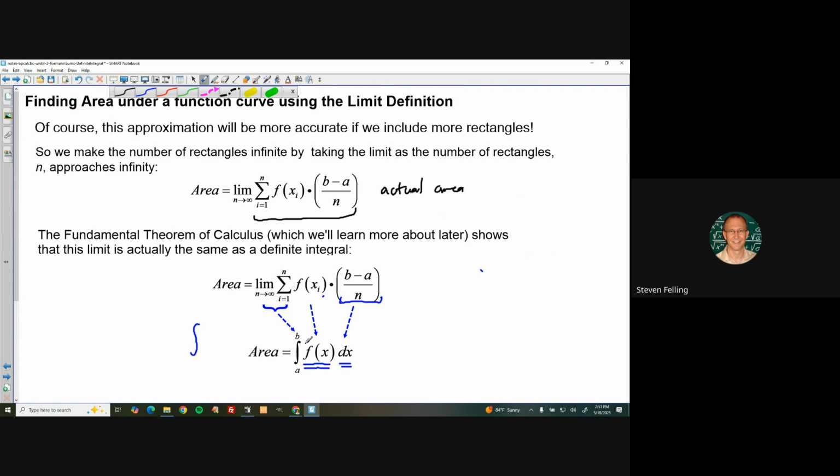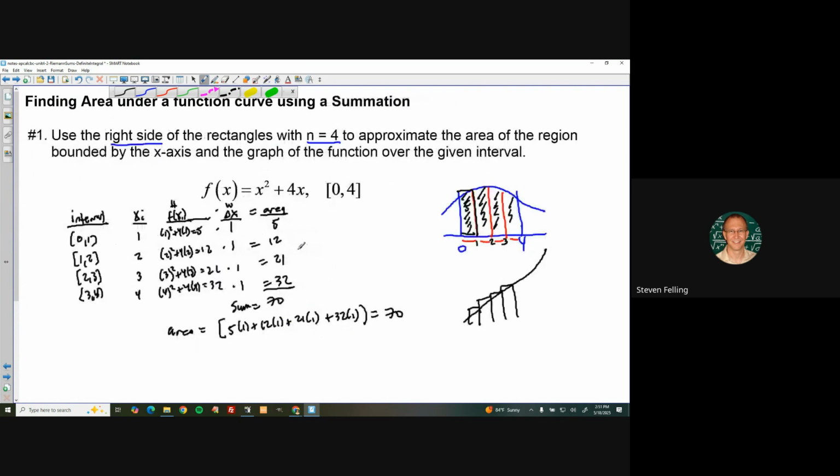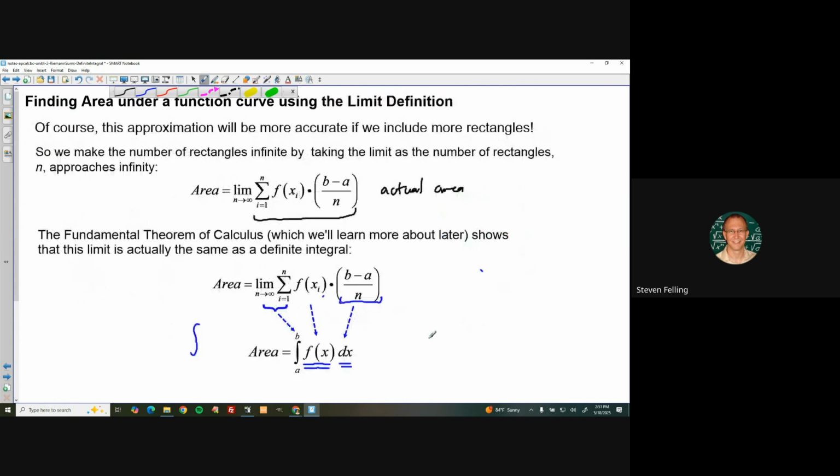So if we're integrating from, like that last example was, we're going from 0 to 4, that means we would say that this is an integral from 0 to 4 of f of x dx. Now we already have this symbol, and we know that that represents what we call the antiderivative. Right?